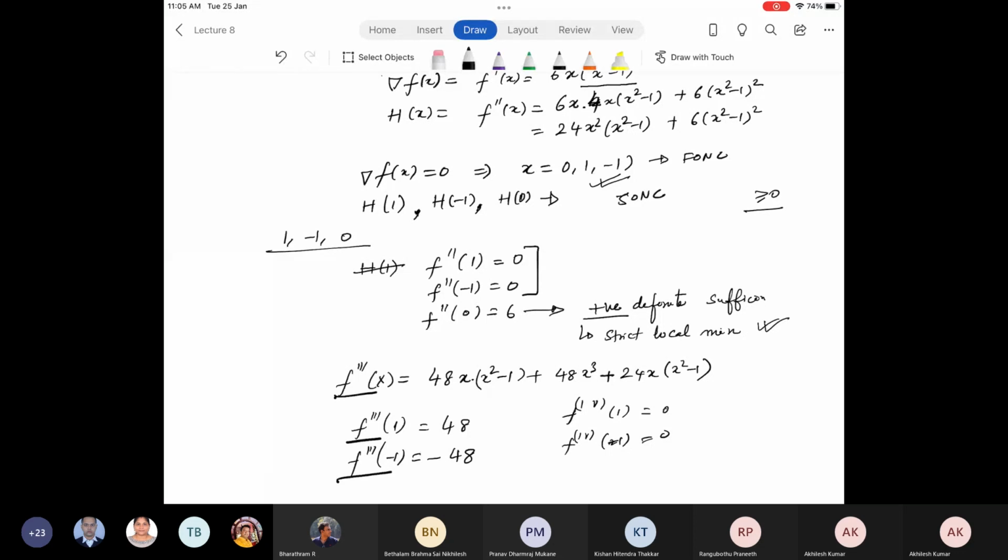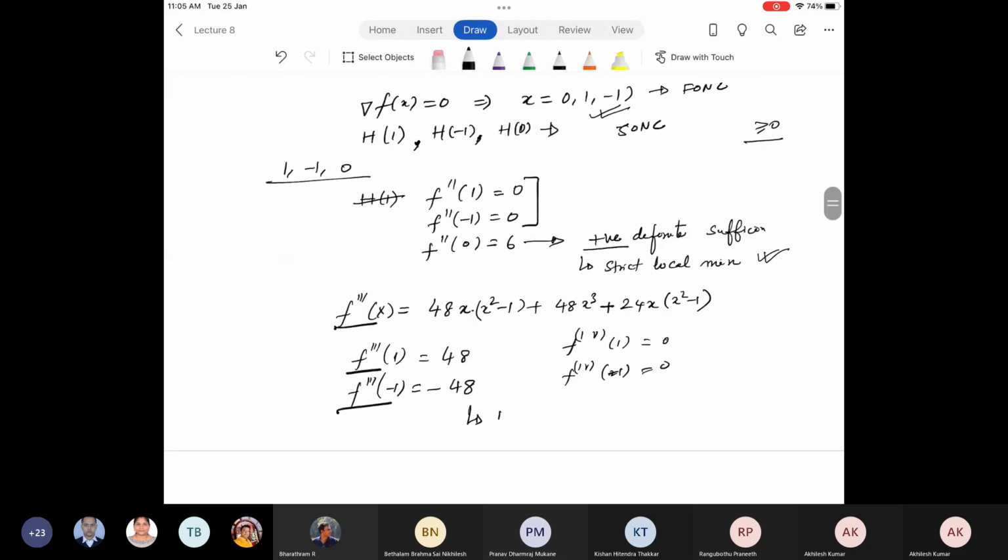So we can conclude they are neither a local min at these points, they are simply inflection points, merely inflection points.